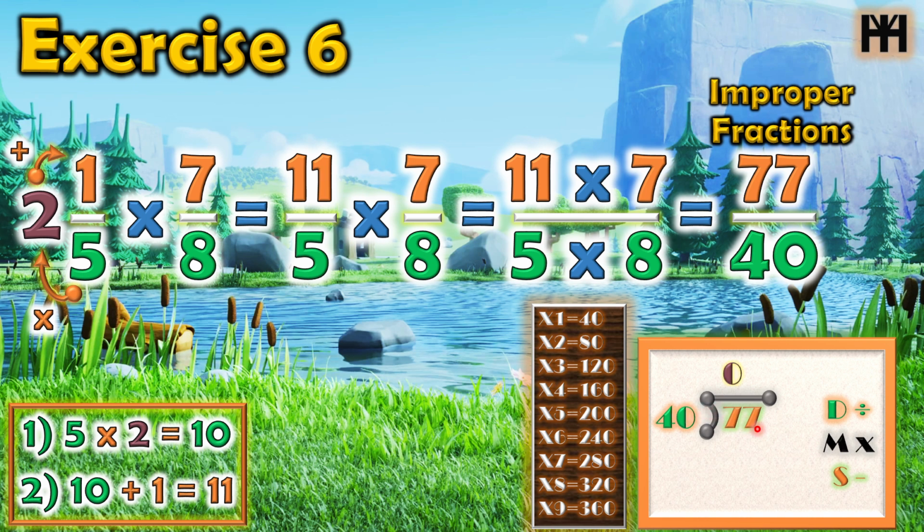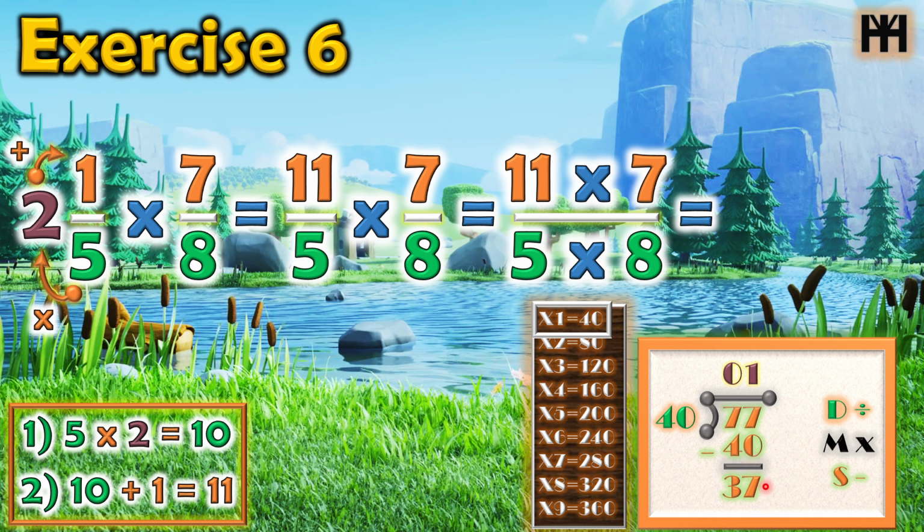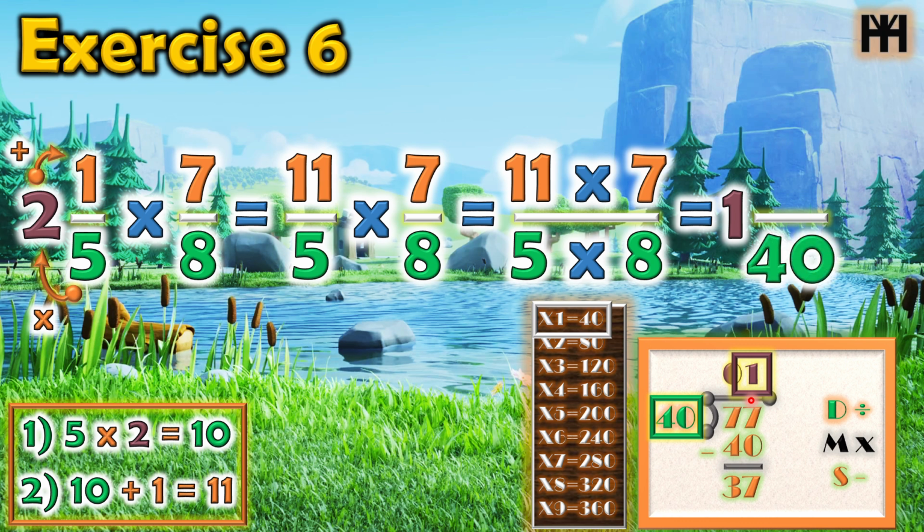No, so add 0 here. 77 divided by 40, how many 40s in 77? There is only place for 1, so write 1 here. Then multiply them, 40 times 1 is 40. Then subtract them, 77 minus 40 is 37. The 1 here will be our whole number, and the 40 here will be our denominator, and the 37 here will be our numerator.